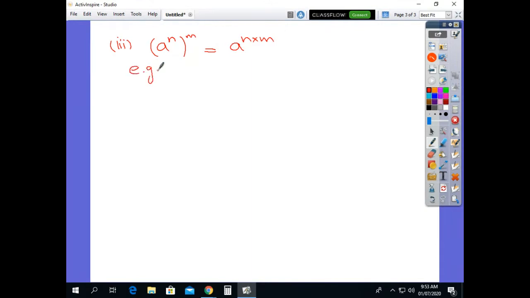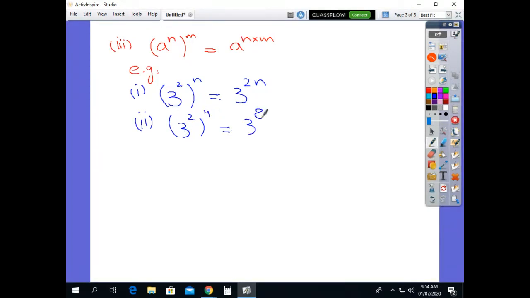For example, let's suppose 3 raised to power 2 bracket, there is n. It becomes 3 raised to power 2n. Or the other example: 3 raised to power 2 with 4. We multiply 2 with 4, it becomes 3 raised to power 8.